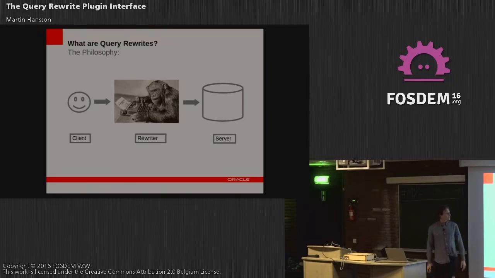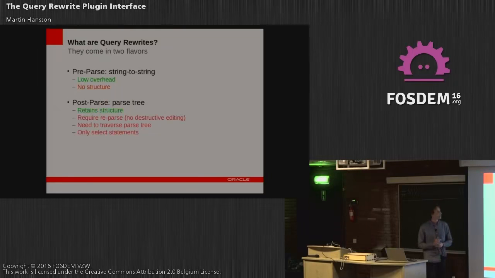But then we realized that would be kind of too complex, so then we decided to do it inside the server. Because if you do it inside the server, you can also rewrite the query after you've parsed it. So that's why we have two APIs. We have the pre-parse and the post-parse API.